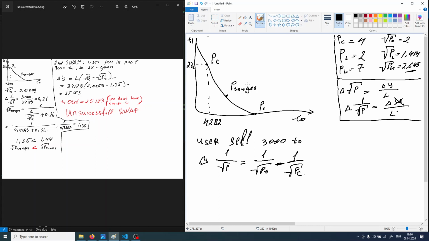If the user in this case wants to swap not 3000, but if delta X will be 9000. If the user wants to swap 9000 of token X, what will delta Y be?